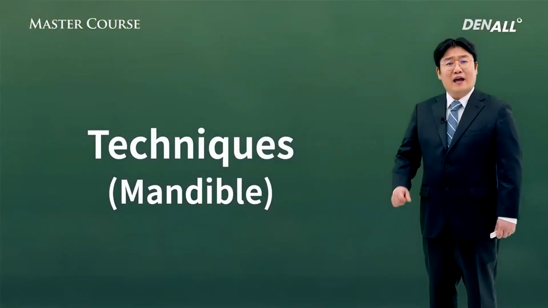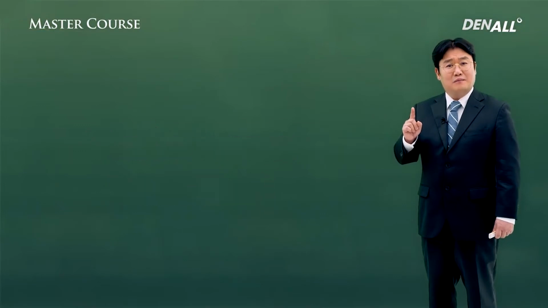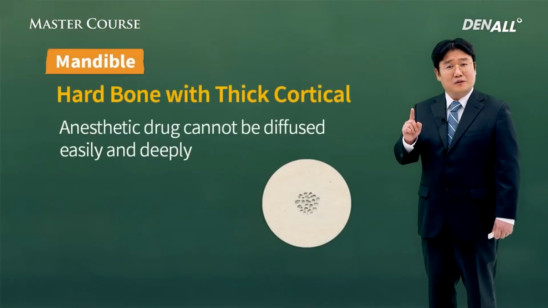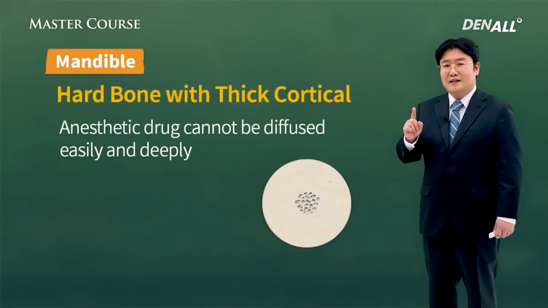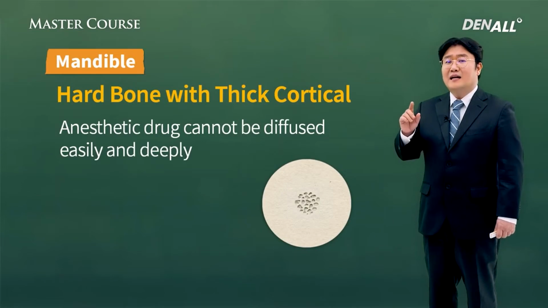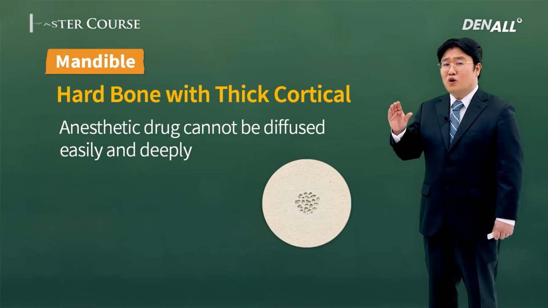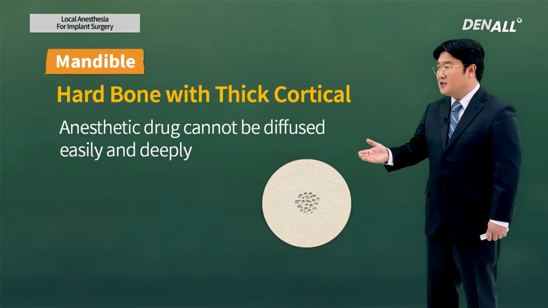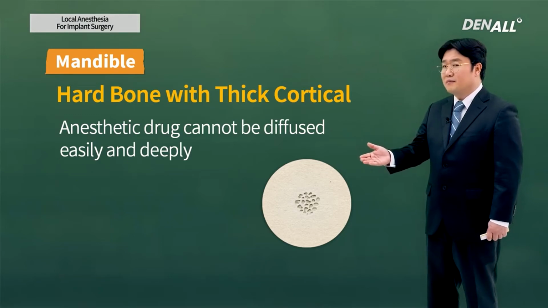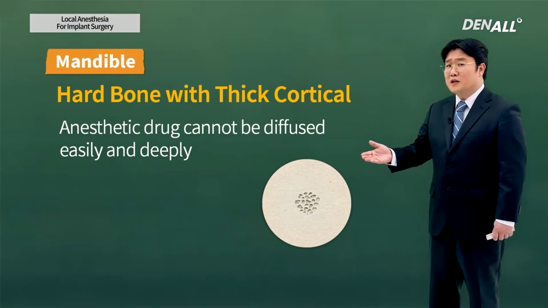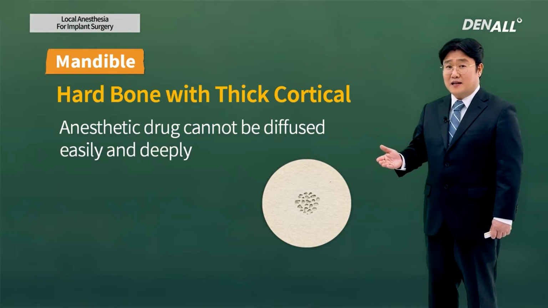The mandible is clearly different from the maxilla anatomically. What is the difference? In the mandible, the cortical bone is thicker than in the maxilla. It is a hard bone. So there are some considerations for local anesthesia.